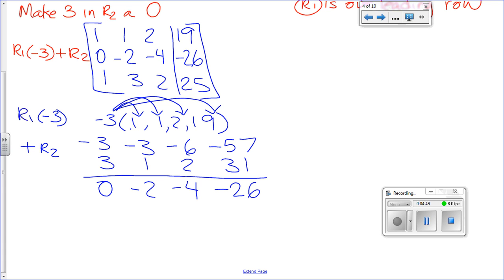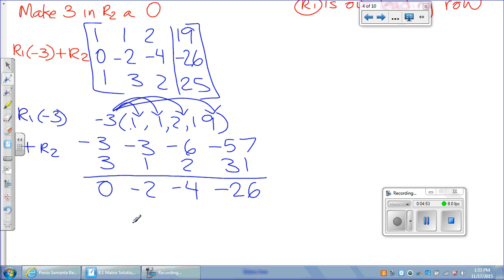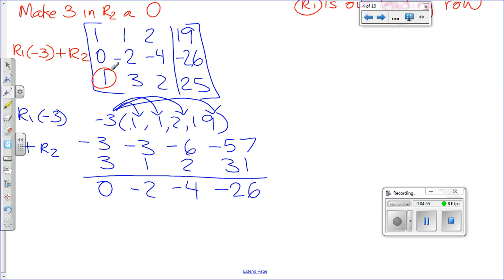Now we are done with that 0. What we need to do next is turn this 1 in R3 into a 0. We're going to use the same reasoning that we used here. We still need to use the leading row, which is R1, and the additive inverse of 1.